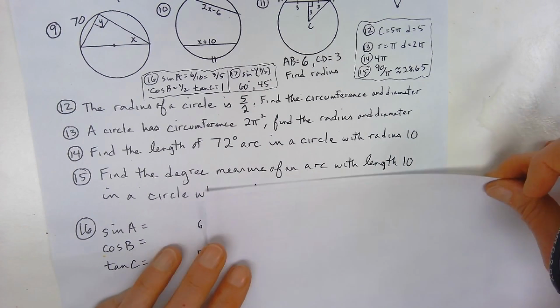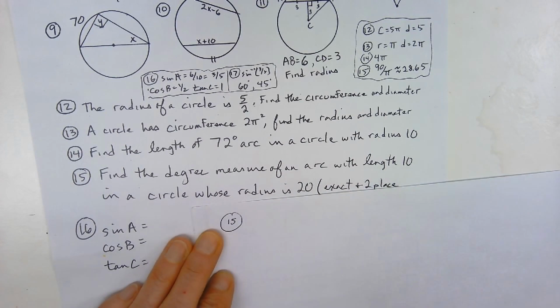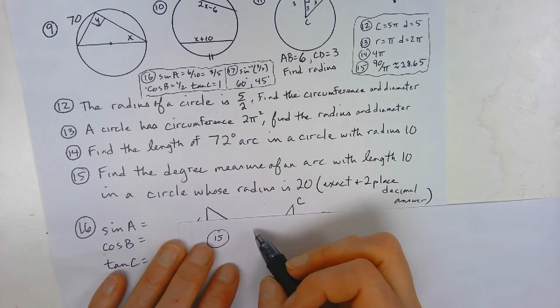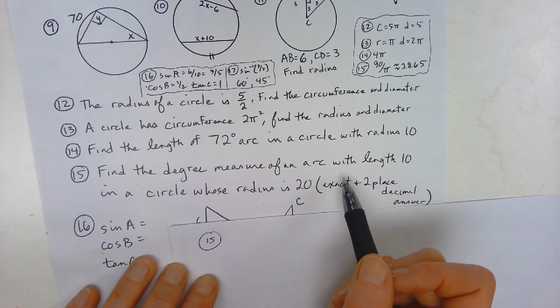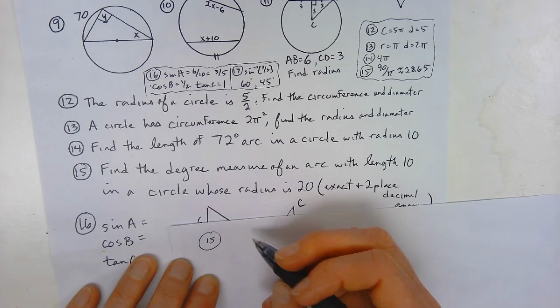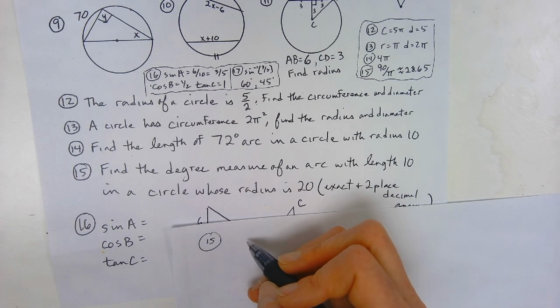Number 15. Find the degree measure of an arc with length 10 in a circle whose radius is 20, exact and with 2 decimal places. Okay. So when I'm looking for a measurement other than the length, I don't like to use L equals x over 360 times 2 pi r. I like to use the proportion.